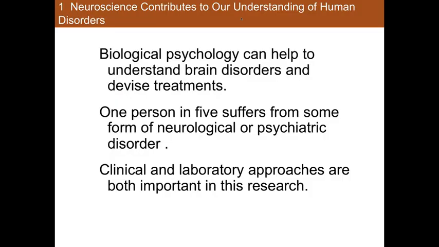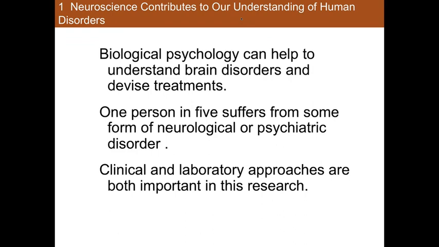So biological psychology is an applied science, and it can help us understand brain disorders and devise treatments for people with psychiatric or neurobehavioral problems. And 1 in 5 people suffers from some sort of psychiatric or neurological disorder. So it's a pretty widespread problem.